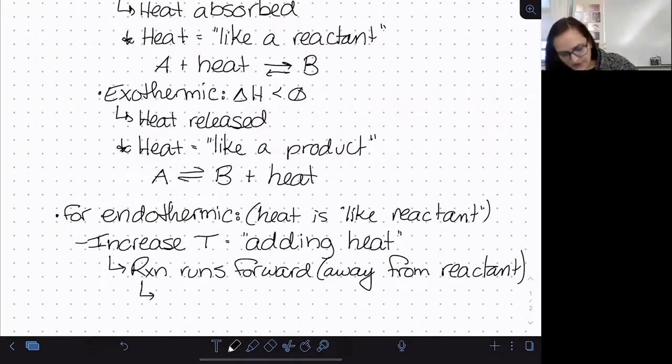Figuring out how K must have changed is a little bit tricky. Figuring out the direction is pretty straightforward, and we're kind of doing it backwards from the way that we did the last ones. In this case, we need to figure out the direction first and then figure out K. Our reaction is running in the forward direction, which means that Q must have been less than K in order for that to happen.